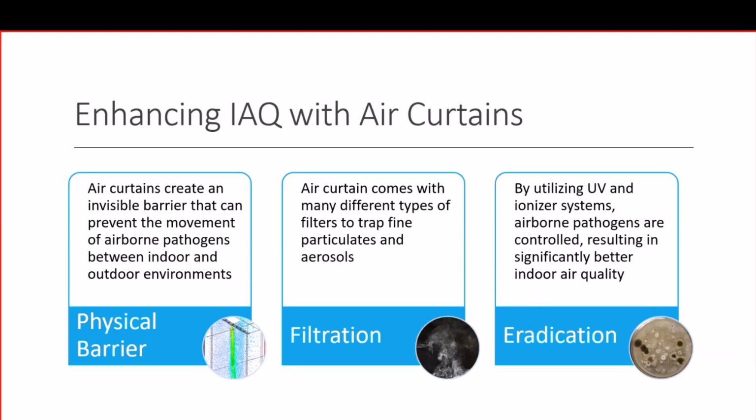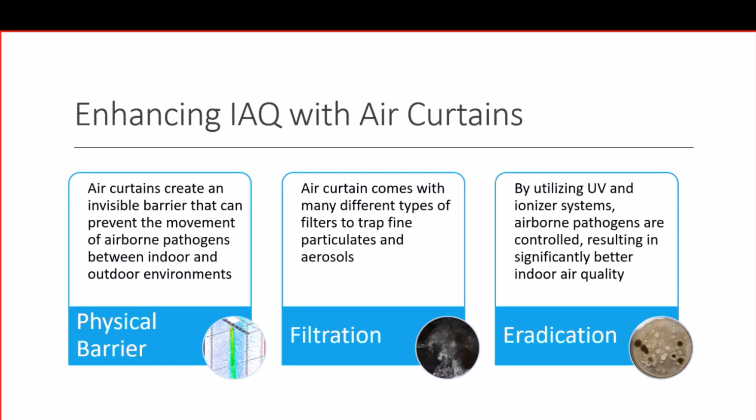An air curtain can prevent infiltration of outside smoke in multiple ways. One is, of course, that it forms a physical barrier, just like how it can prevent flies from coming through, or even outside air from coming into your conditioned space. It is the same principle by which it stops smoke from infiltrating.